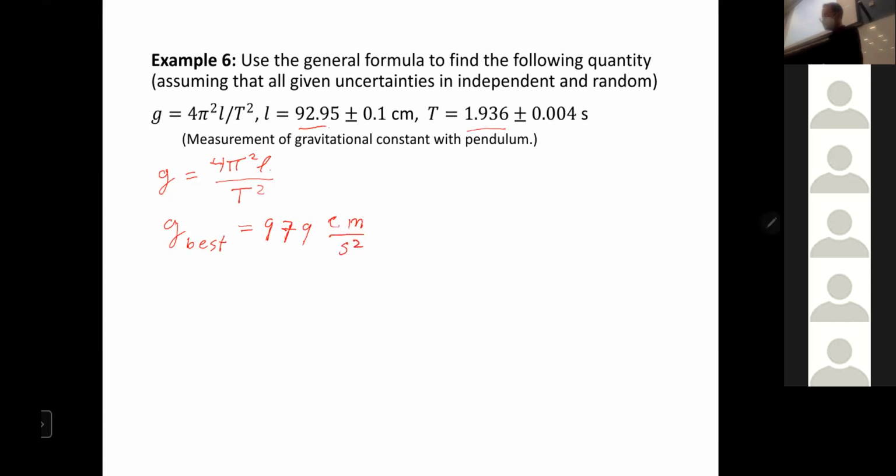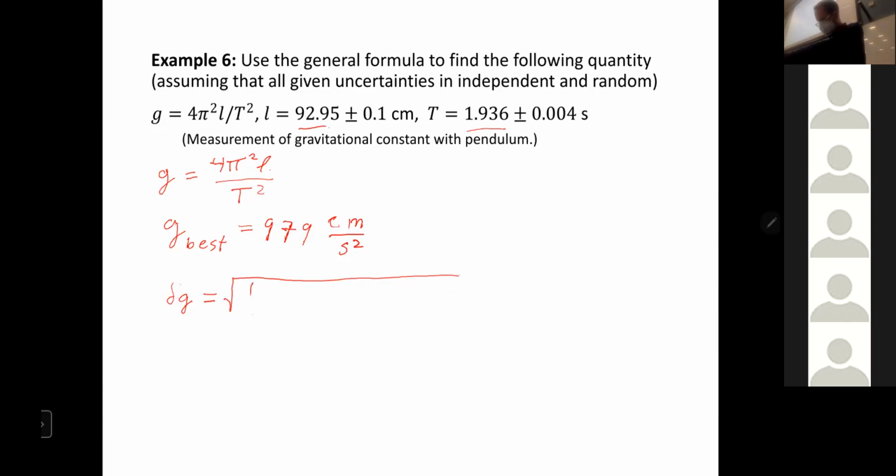Okay, but to get delta G, we're now going to use this universal formula. So delta G is going to equal the square root of, so how many independent variables are there here with uncertainties? There's 2, right? There's the length and the period. So we're going to have 2 terms under the square root sign.